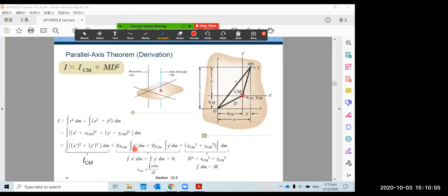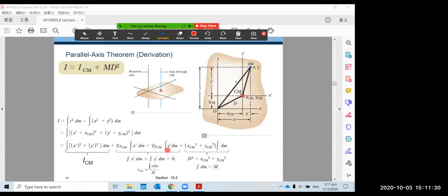So x dash is the distance times dm, the mass of the particle, from the center of mass. This would actually be 0, because this term about the center of mass has to be equal to 0. Otherwise, it is not the center of mass. It is the definition of the center of mass.